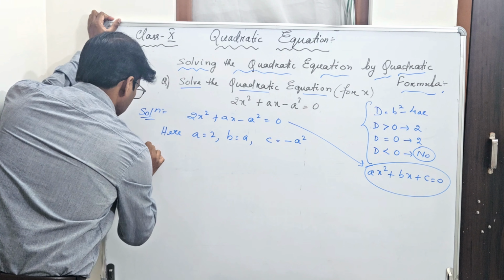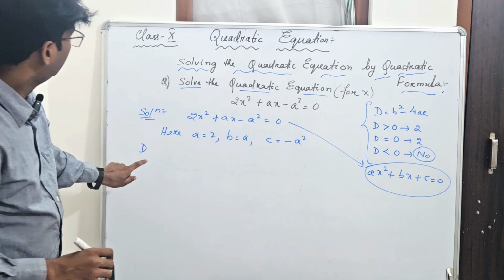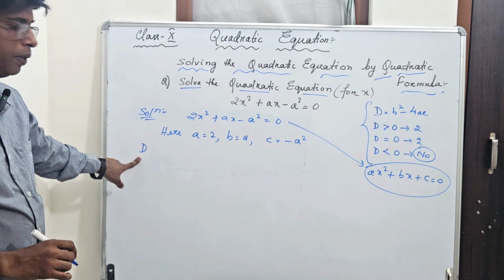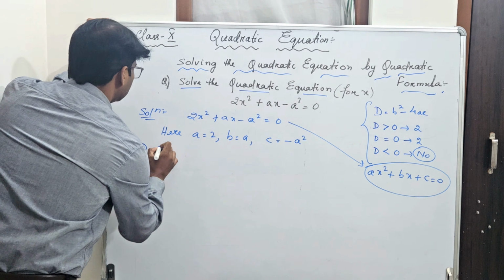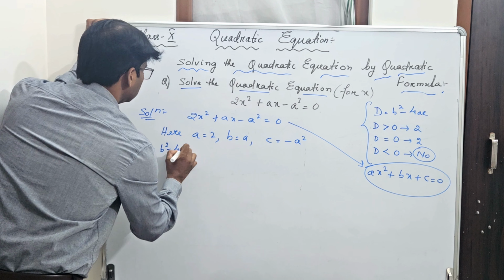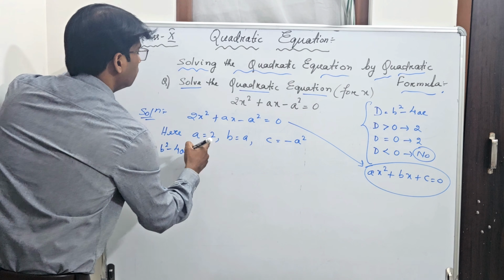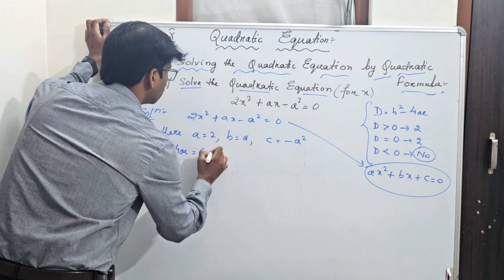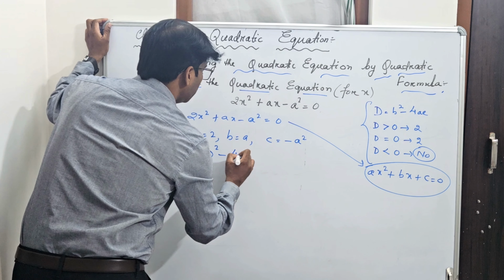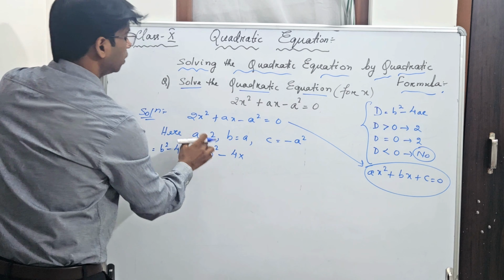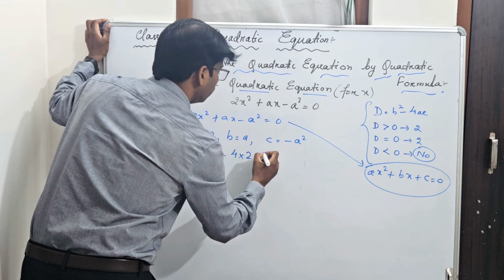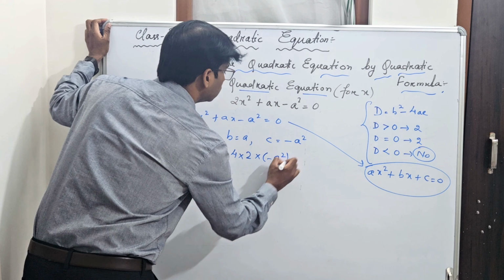Now let us find out the discriminant. Discriminant is symbolized by capital D. This is equal to b square minus 4ac. So b is a here, so a whole square, then minus 4 into a, the value of a is 2, then the value of c is minus a square.